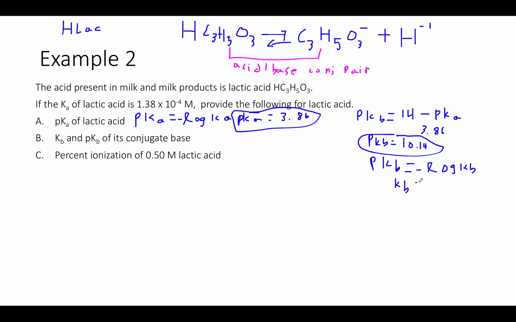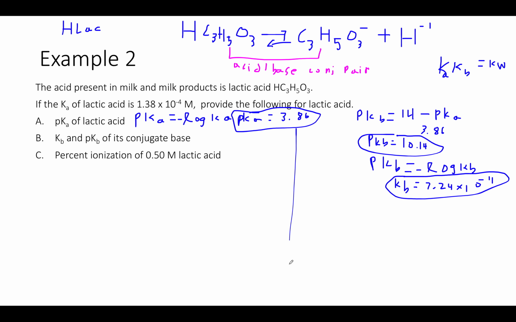So the Kb would equal 7.24 times 10 to the negative 11th. I could have also solved for this by saying that the Ka times the Kb equals Kw, which is a constant. And I could have solved for it that way, but I chose to solve for it this way.